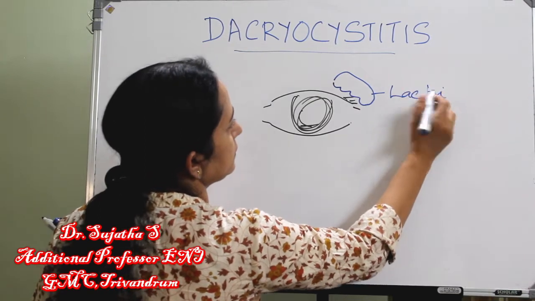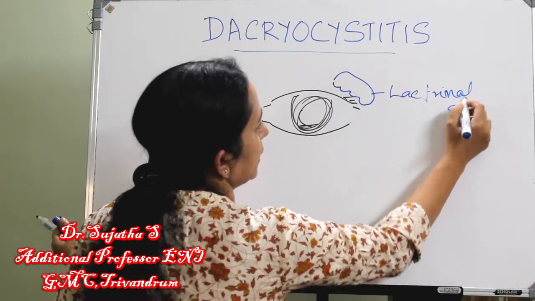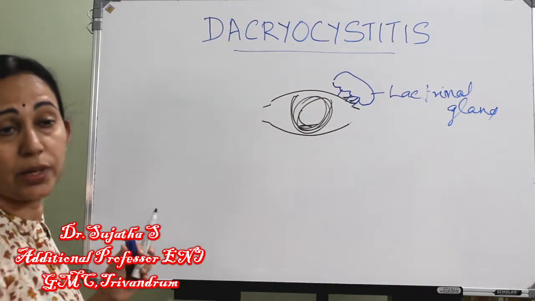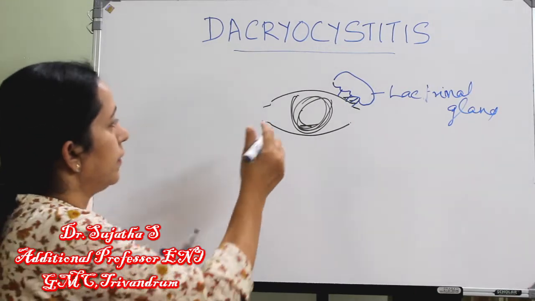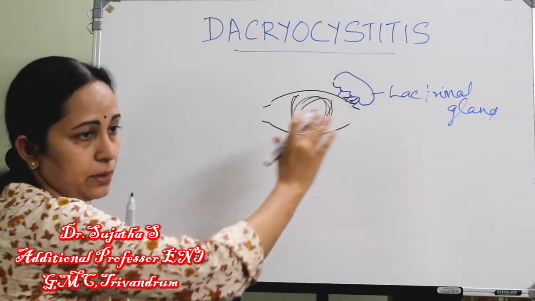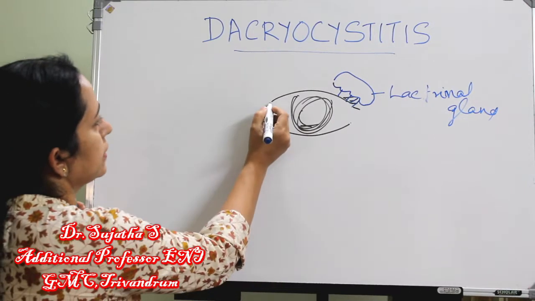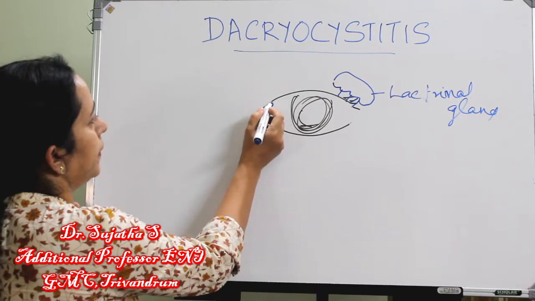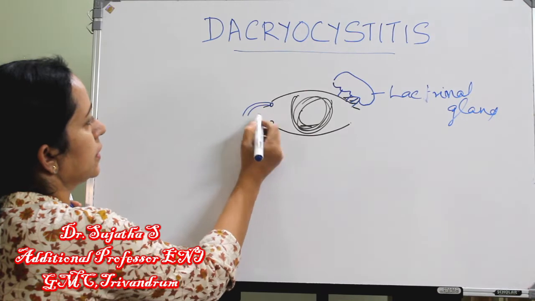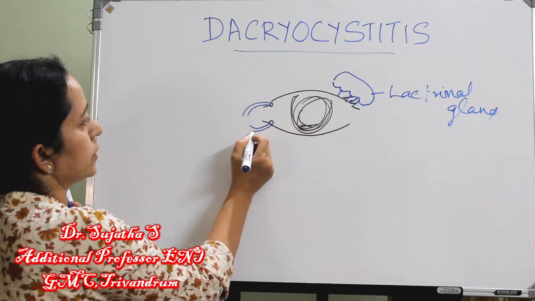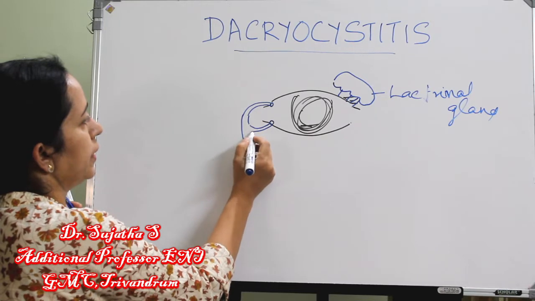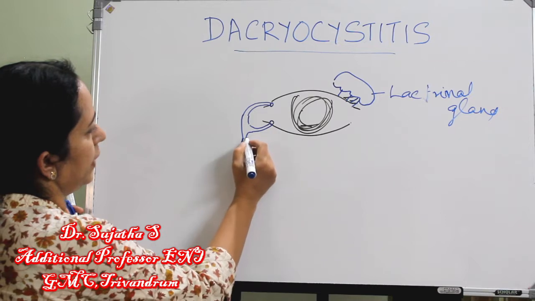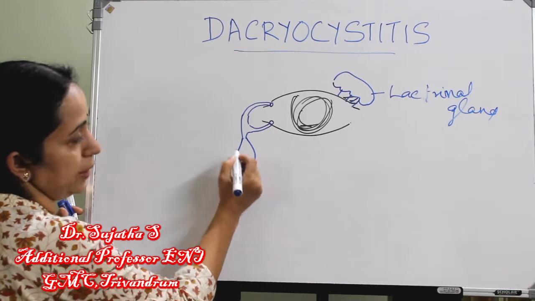Through these ducts the tears will come into the eyes, and after doing its work in the eye, it reaches the upper punctum and the lower punctum. From the upper punctum there is an upper canaliculus, and there is also a lower canaliculus, and there is a common canaliculus. This common canaliculus will drain into the lacrimal sac.